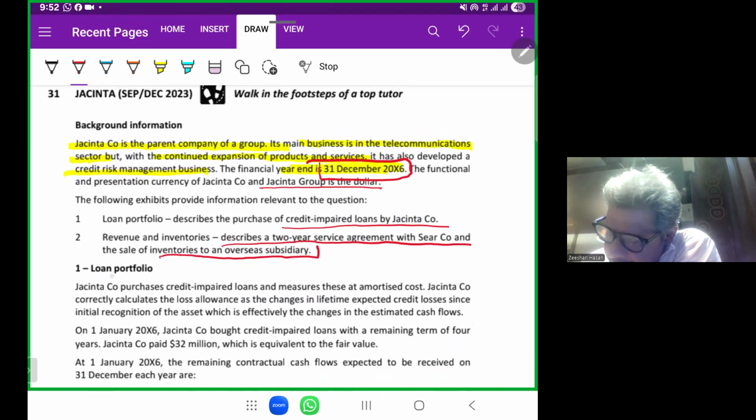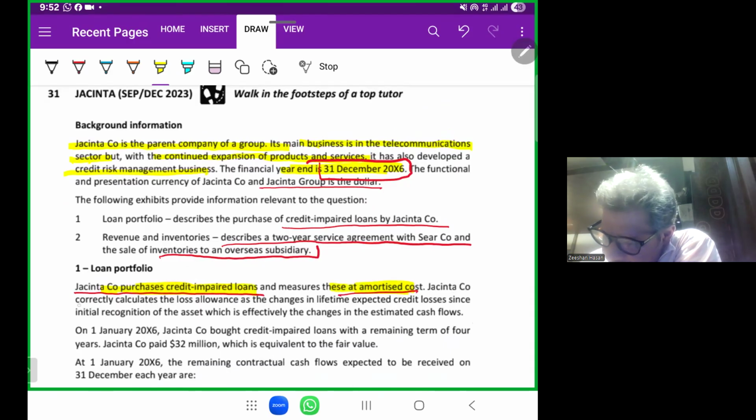Jacinta Company purchases credit impaired loans and measures this at amortized cost.